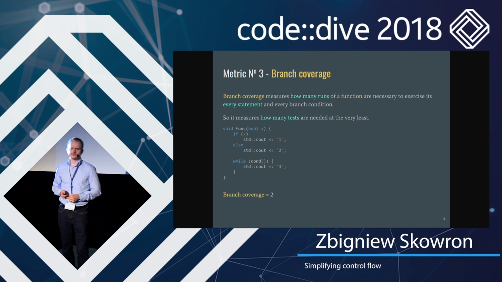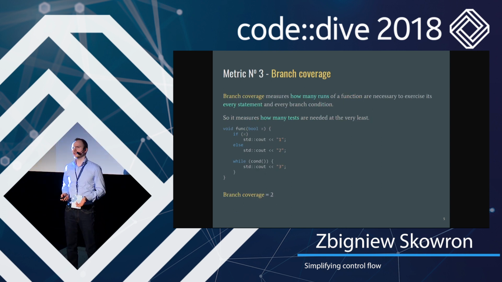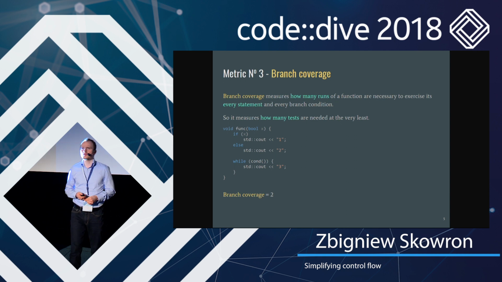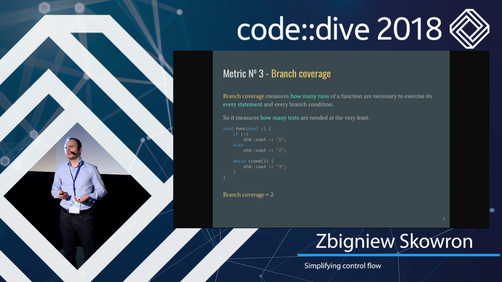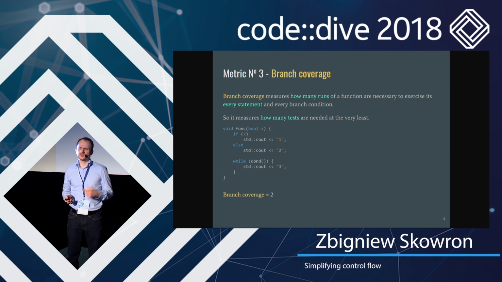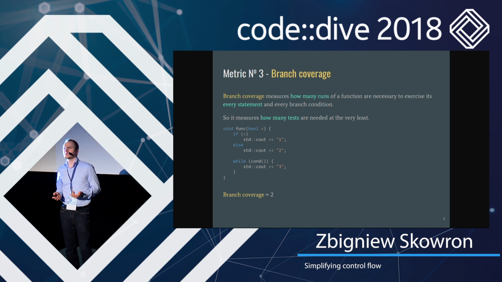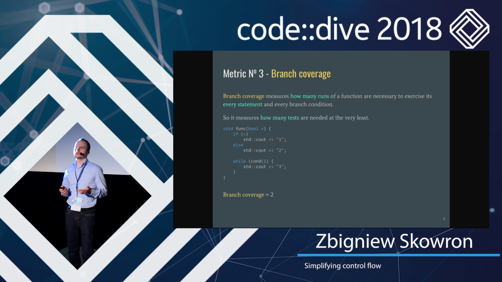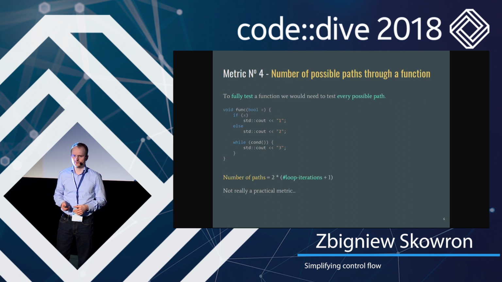Another metric is branch coverage, which basically counts how many runs we have to do to exercise every possible branch in our code. So this is the lowest number of tests we need to test a function, but not necessarily sufficient. It's a theoretical lowest limit.